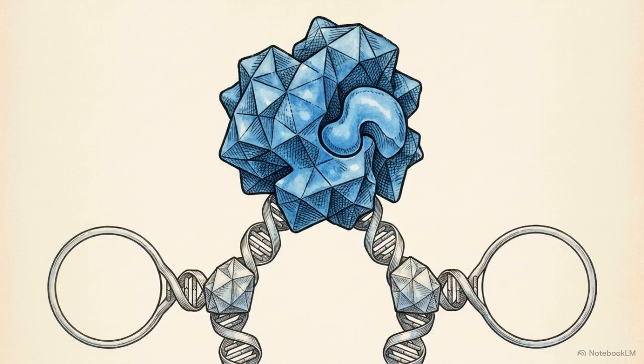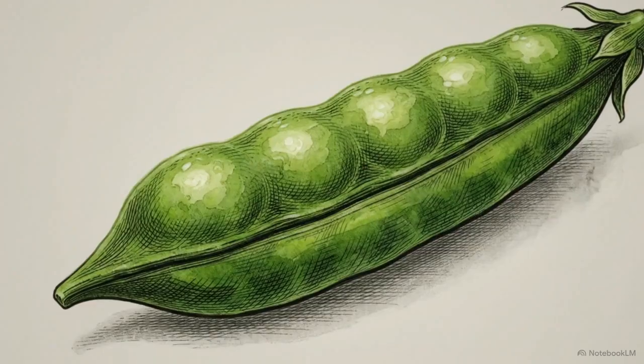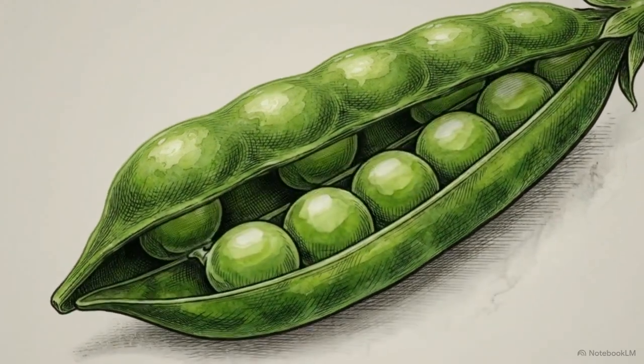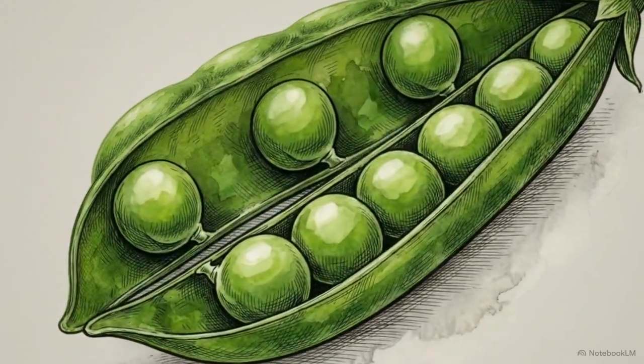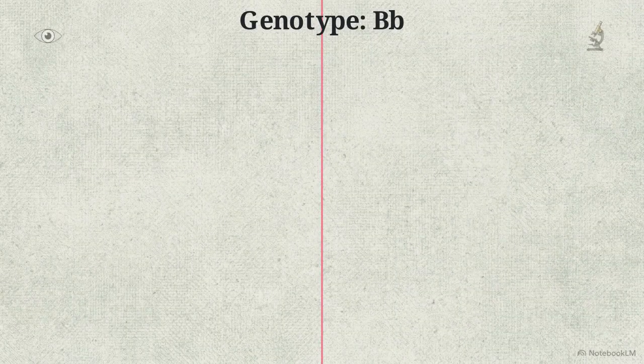We can push this biochemical model even further by examining pleiotropy, a scenario where one single gene product drives multiple distinct effects. A clear example is the synthesis of starch in pea seeds, which is controlled by alleles B and b. This split-screen diagram allows us to observe the exact same heterozygous pea seed, containing one B allele and one b allele, from two completely different physical perspectives.